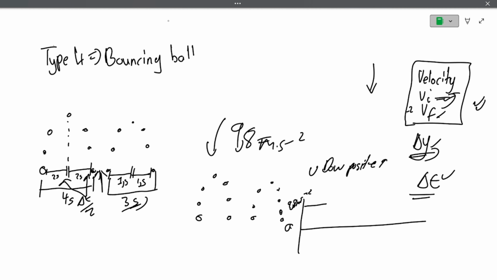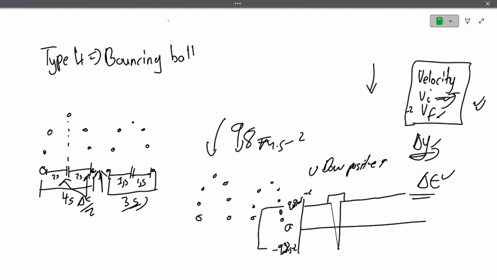Then when it comes to a place where the ball is in contact with the floor, there will be negative 9.8 meters per second squared, the same magnitude, but which means the acceleration will be upwards, and then it comes back to a place where it is constant again.